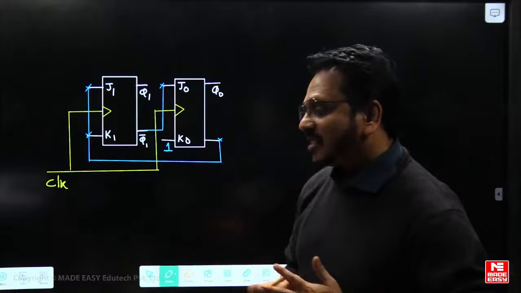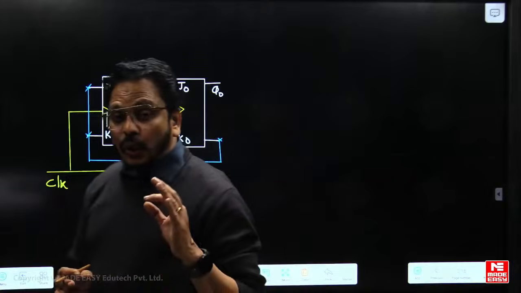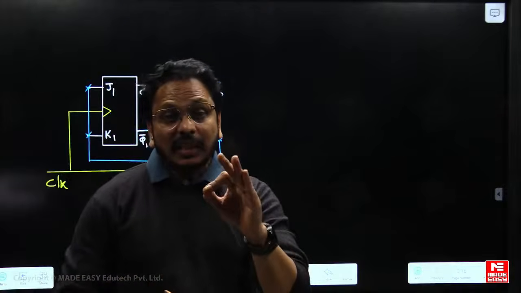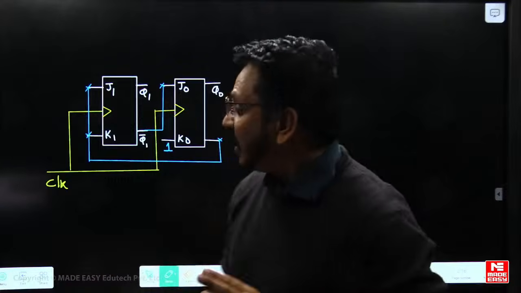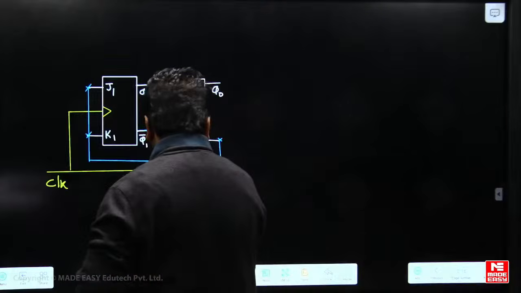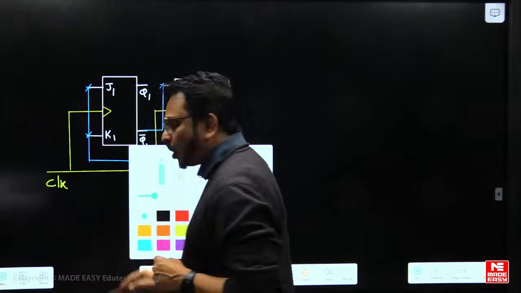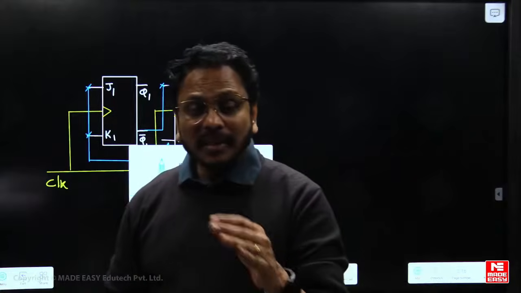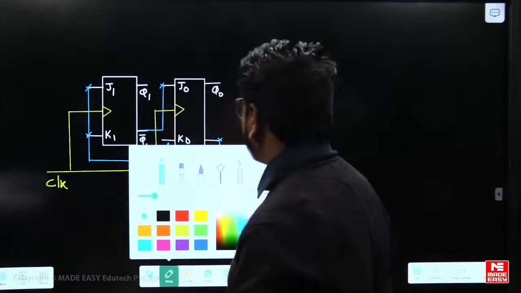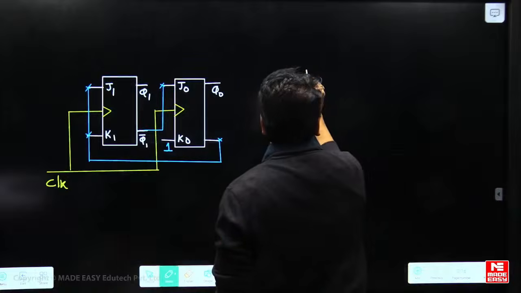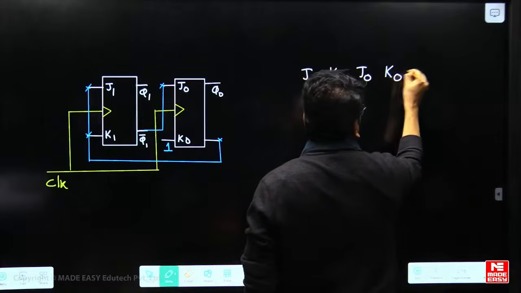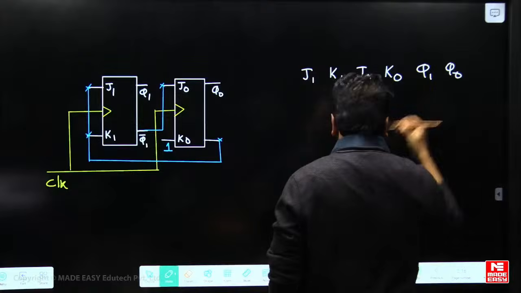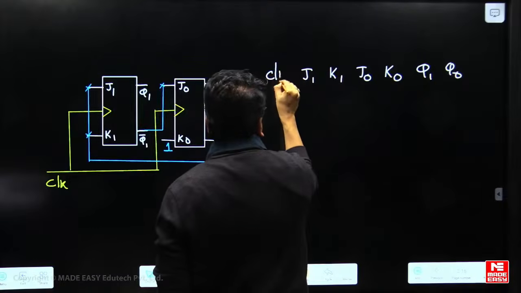Now, in order to find the mod value, you should follow 3 steps. Number 1, write the inputs and outputs in the form of a table, like here: J1, K1, J0, K0, Q1, Q0, and this is the clock.